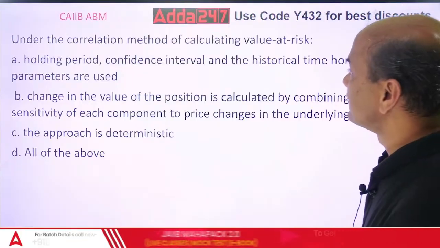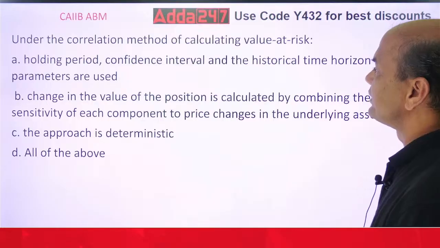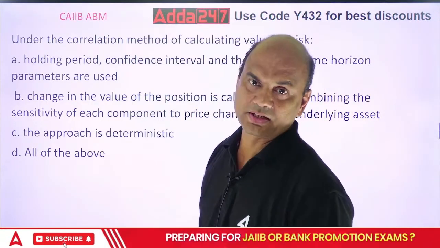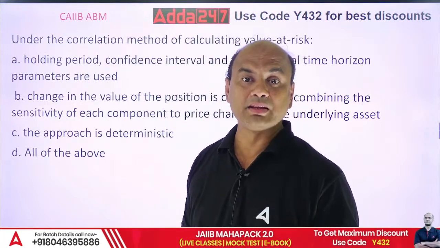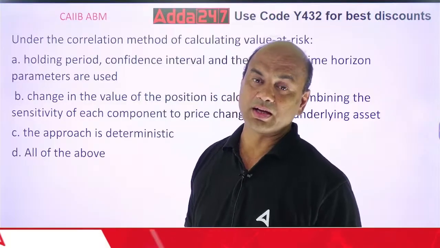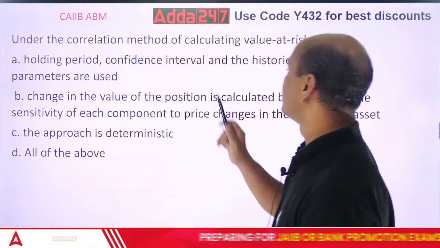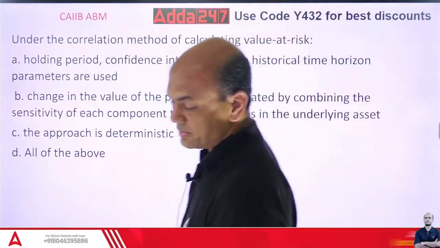Yes, what is the answer? Holding period. See, VAR always comes with two, three points. Number one, confidence level. Confidence level is a very important part. Then mean, and then others also. So holding period, confidence interval, and a historic time horizon parameters are used. Historic time horizon.